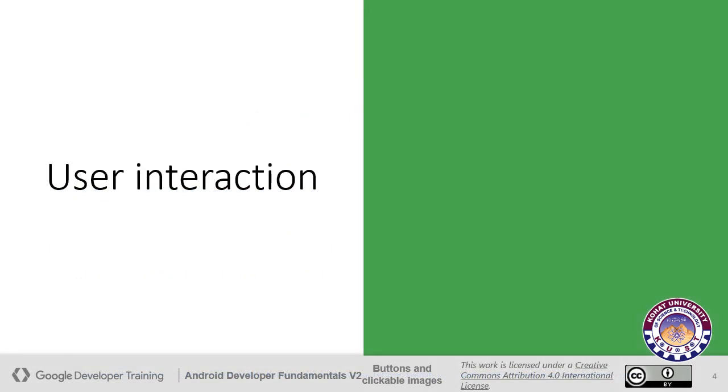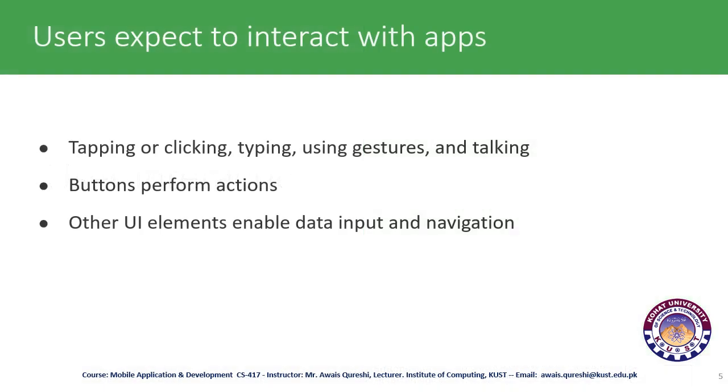So let's talk about user interactions, how users interact with a mobile application. Users expect to interact with apps by tapping or clicking, typing, using gestures, and talking.